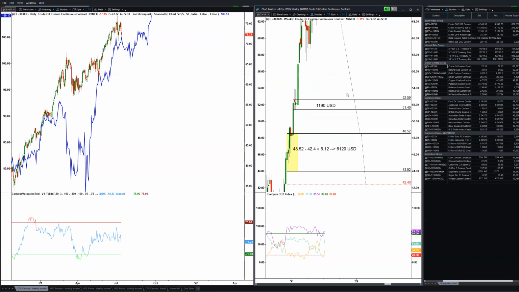If you traded 5 contracts, you would need to multiply this by 5, and your risk would be roughly 6,000 US dollars. It's always per contract, right? And then you decide, are you allowed to trade this zone with one contract? And if you're allowed to trade more contracts, then you have to multiply that.